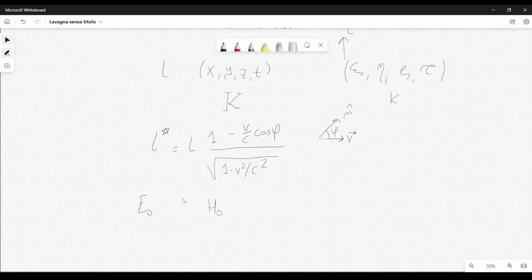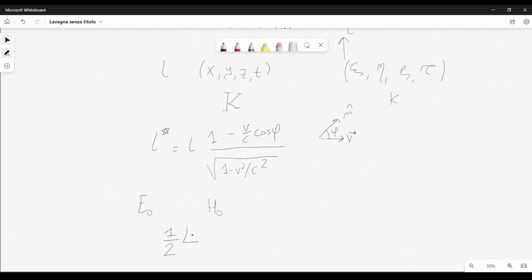Now, we assume that the body sends out, in a direction that makes an angle phi with the axis of x, which is the direction along which the velocity v is located, a light ray whose energy is 1/2 times L. And this is measured relatively to the system XYZ, or if you want, capital K. The body is still at rest with respect to the system capital K.